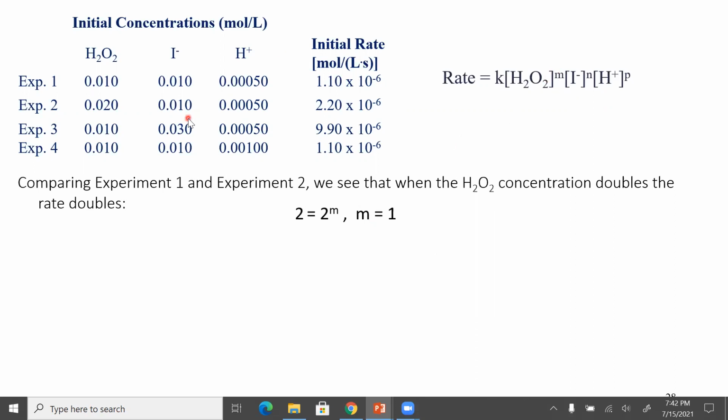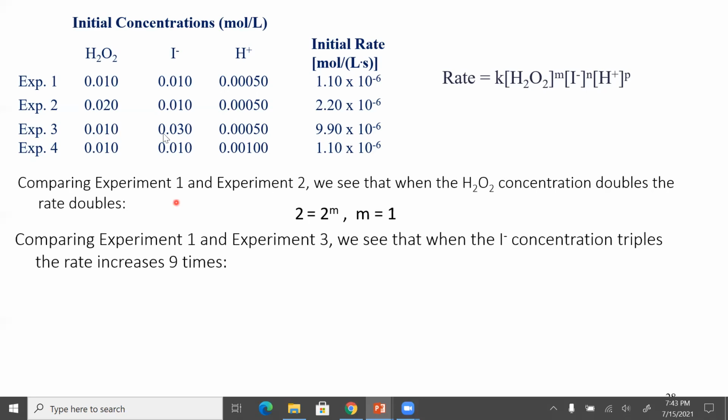Now we want to figure out iodide. So we want to come up with 2 trials where the hydrogen stays constant and the hydrogen peroxide stays constant, but the iodide changes. So if we look at experiment 1 and compare it to experiment 3, the hydrogen peroxide is constant. The hydrogen is constant.